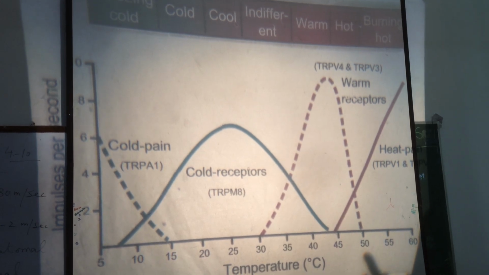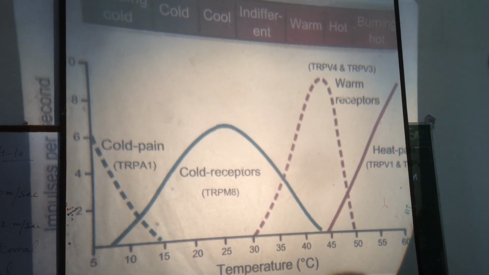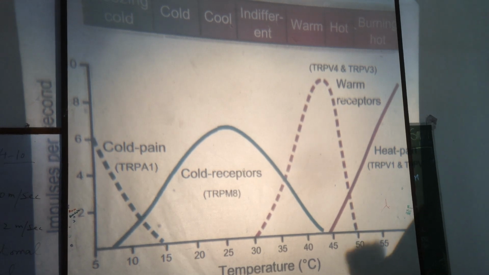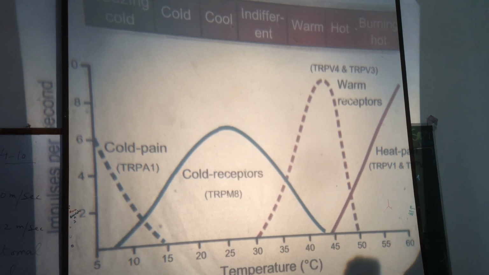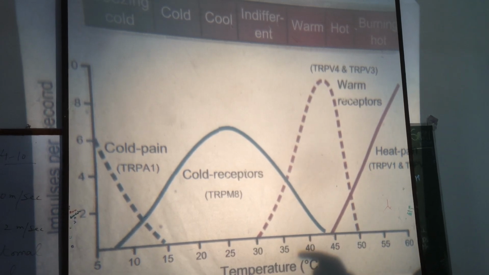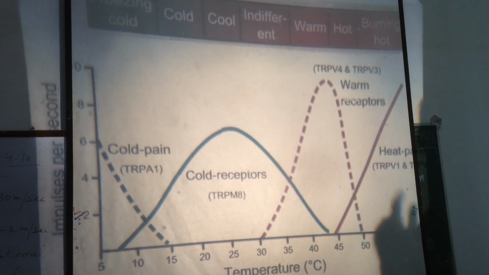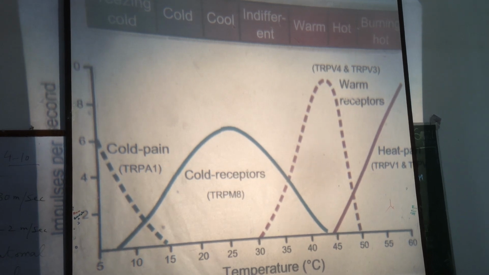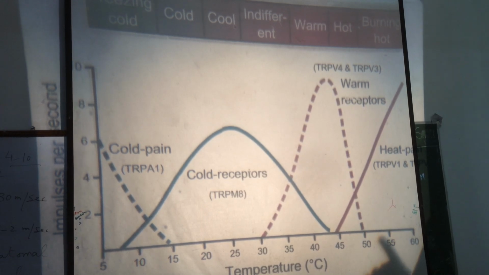Thermoreceptors respond to both steady temperature, that is static temperature, and also changing temperature. There is a marked response of the thermoreceptors to changing temperature.